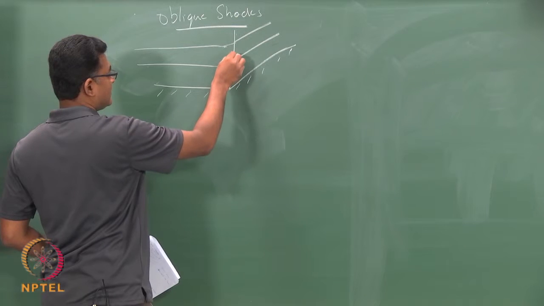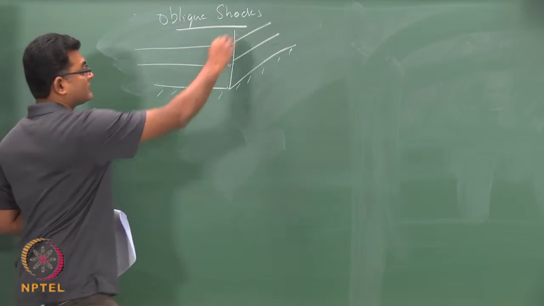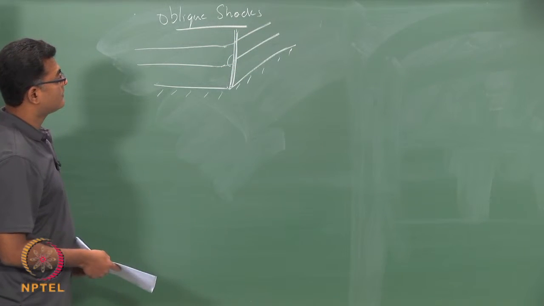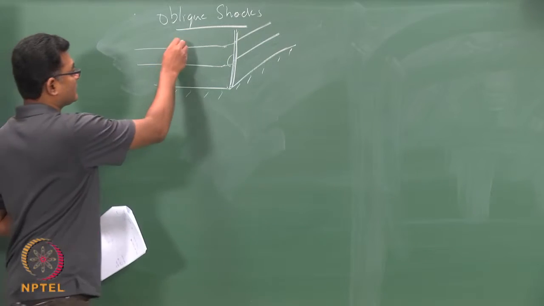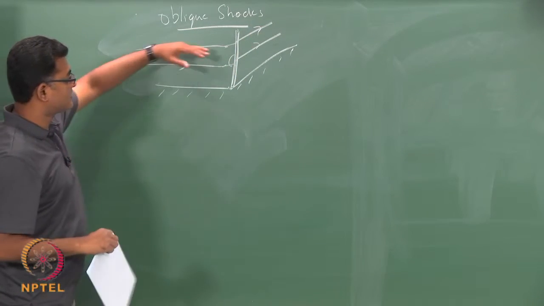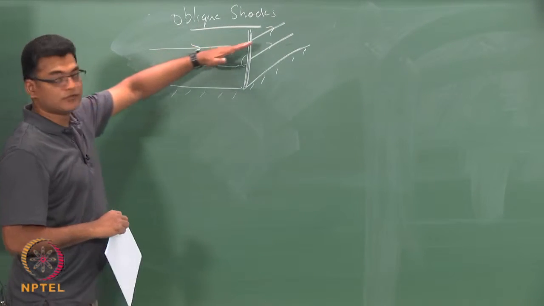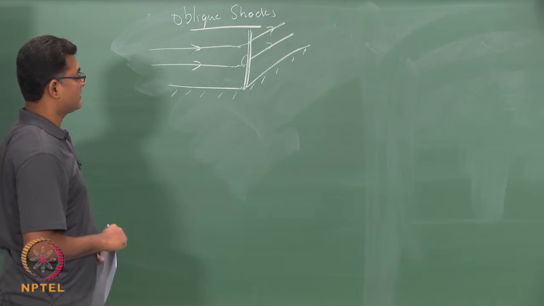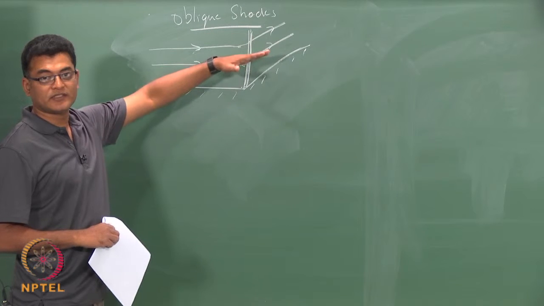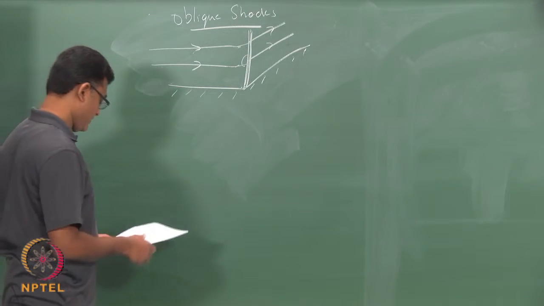So there is an angle between the shock wave standing here and the flow direction. If these are the streamlines, then the streamlines are at an angle with the shock wave, and the flow is also deviated a bit. So we should be talking about the angle of the shock as well as the deflection it creates. There are two angles involved here.